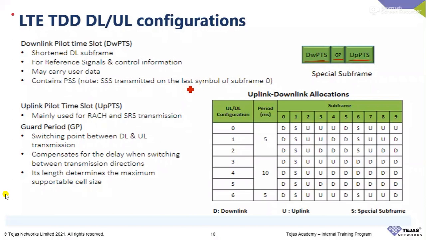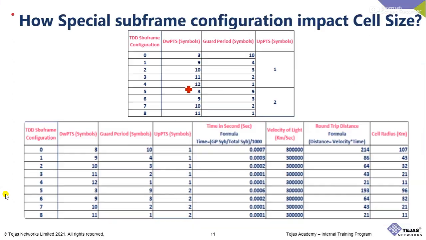So you can see here, in TDD we have 0 to 6 total configurations, and the special subframe in TDD has totally 0 to 8, 9 configurations available.